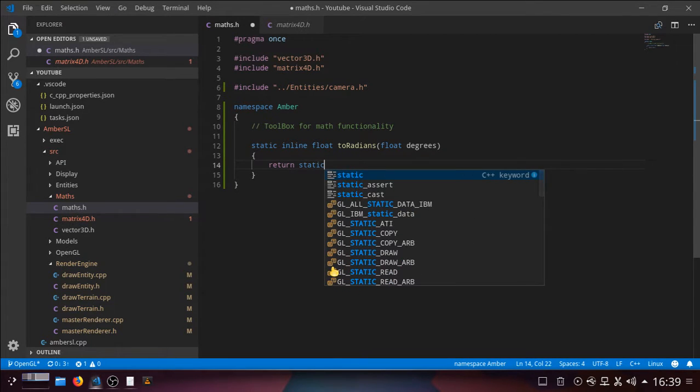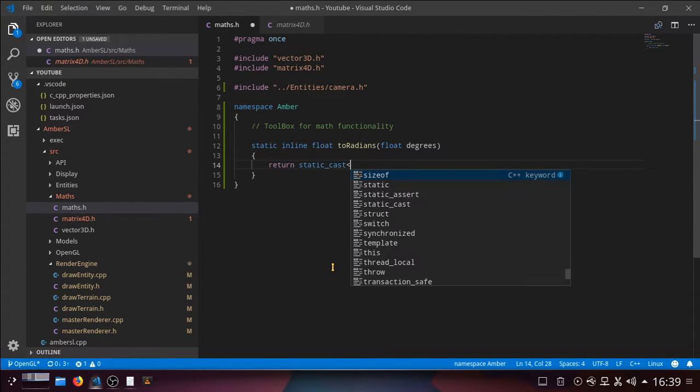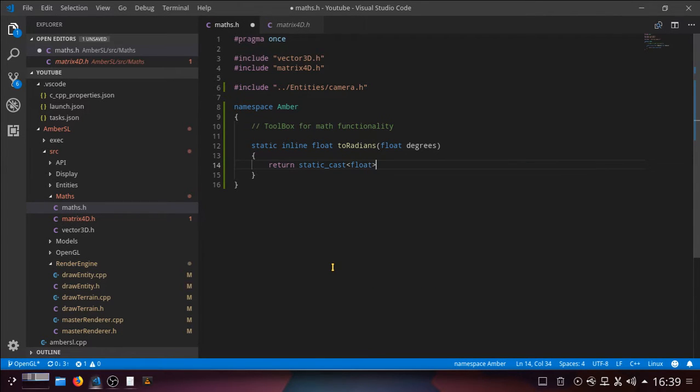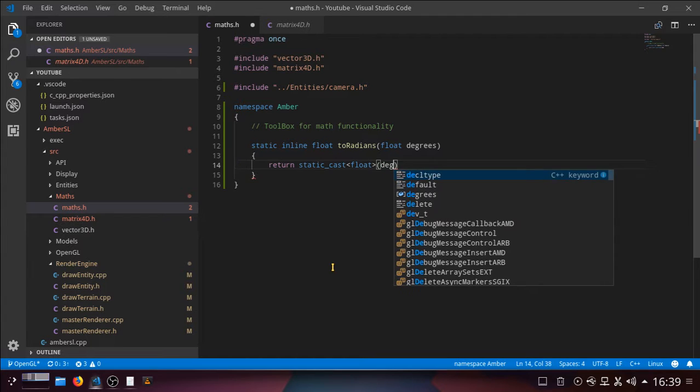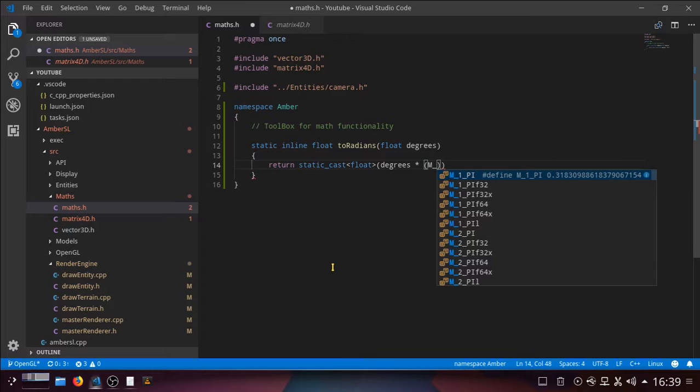I just want to make sure that it works out properly into a float, because I said I'm returning a float, and it is degrees times open brackets M_PI. What have I got here? M_2_PI, M_1_PI. Yeah, I can have PI.